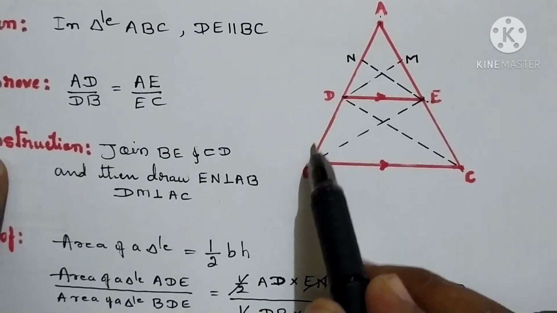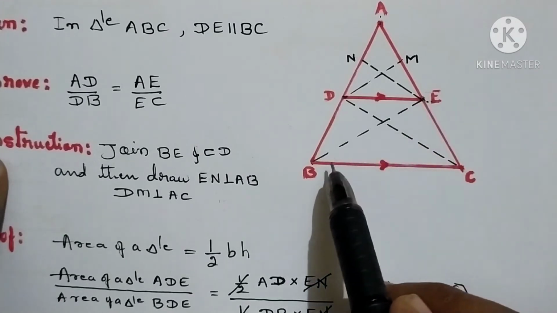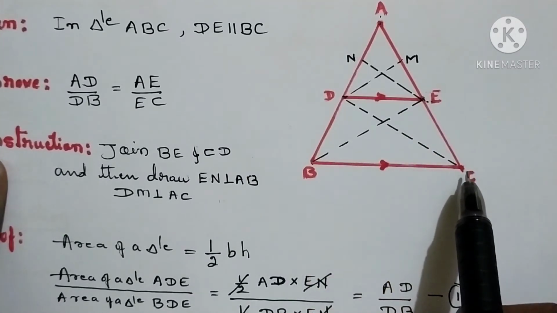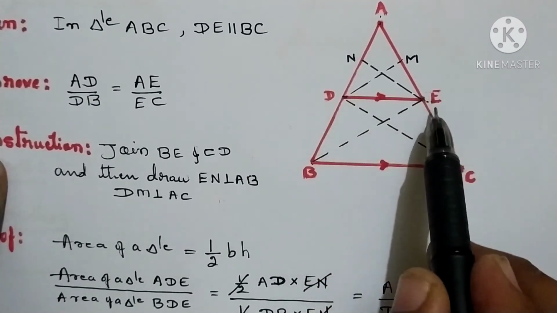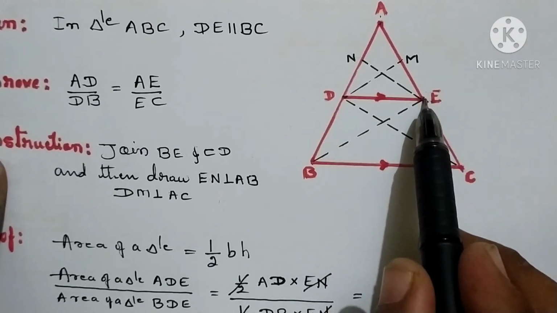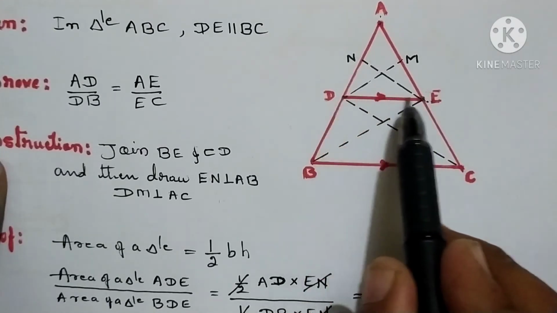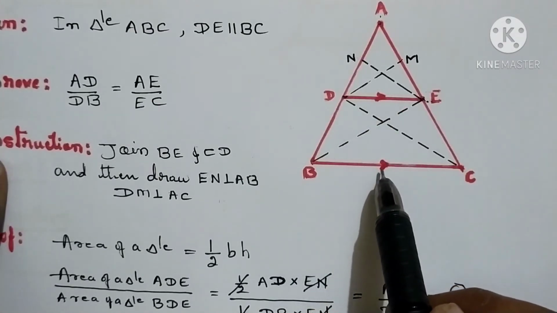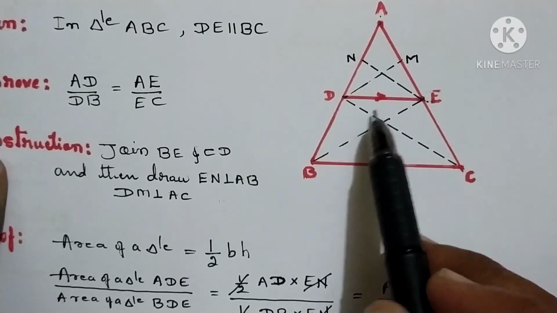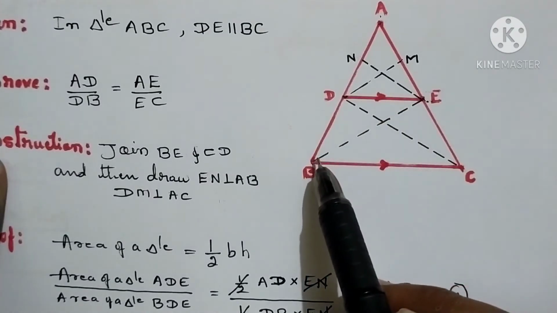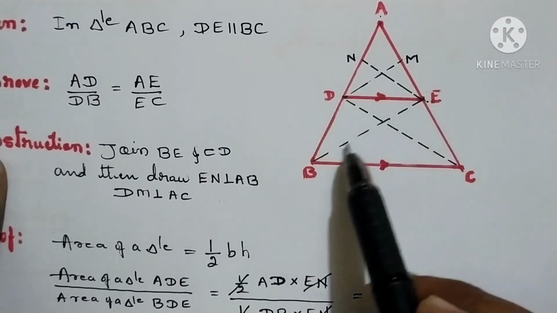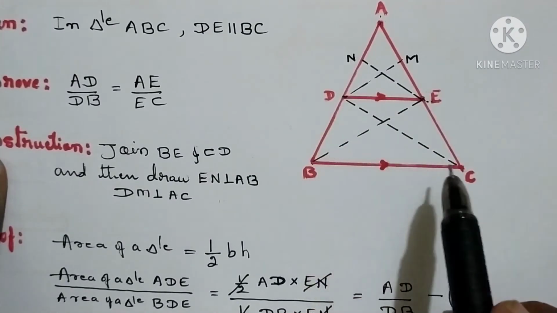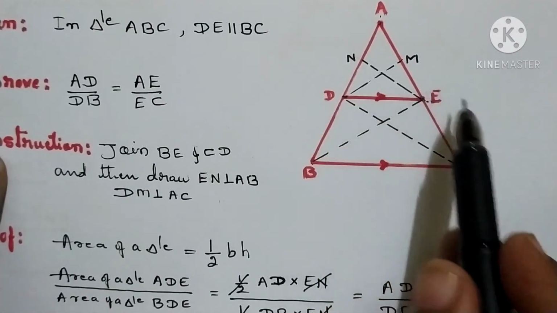BDE, this is one triangle. Next, area of triangle CDE. So these two triangles are standing on the same base in between parallel lines DE and BC. That means here area of triangle BDE is equal to area of triangle CDE.